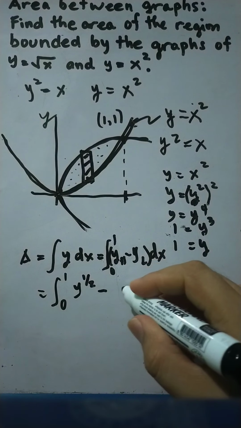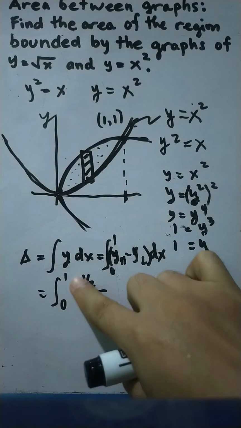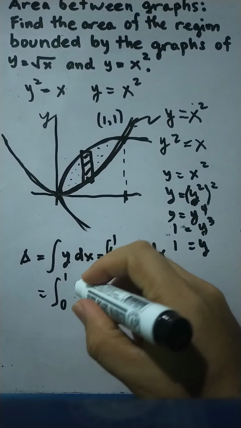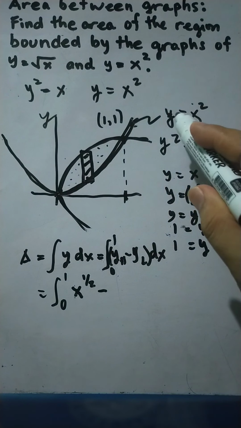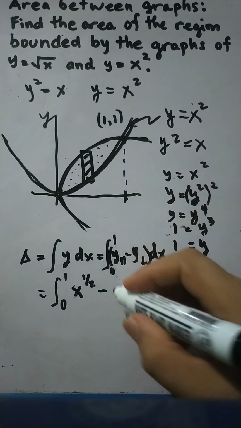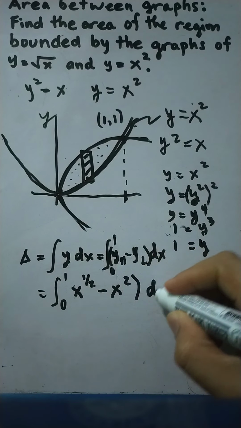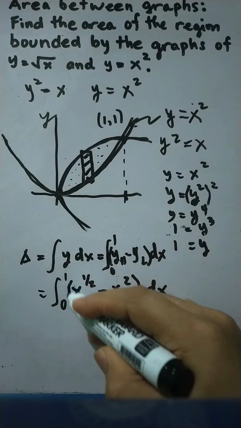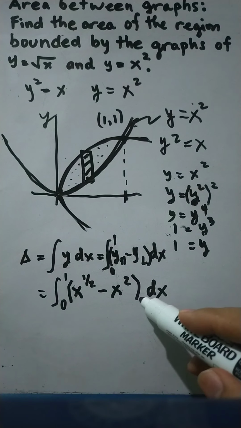So y high is the square root of x, or x raised to 1/2, and y low is x squared, and then dx. So that is the integral of x raised to 1/2 minus x squared dx.